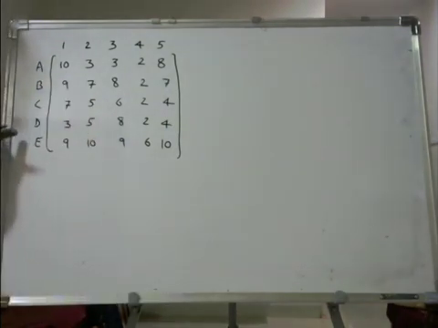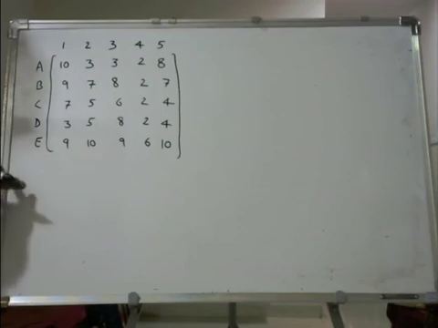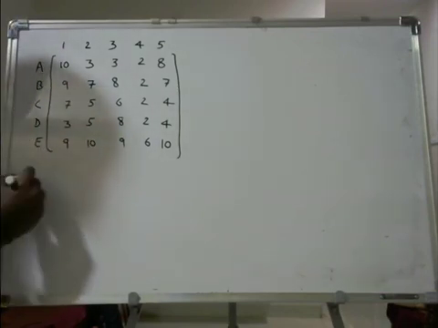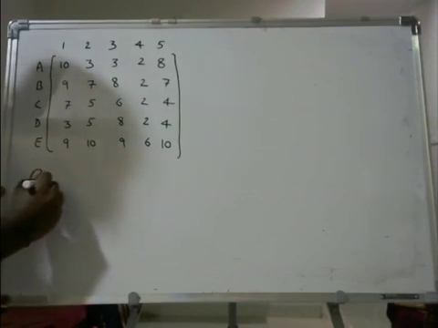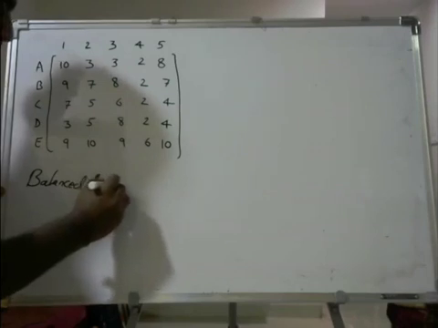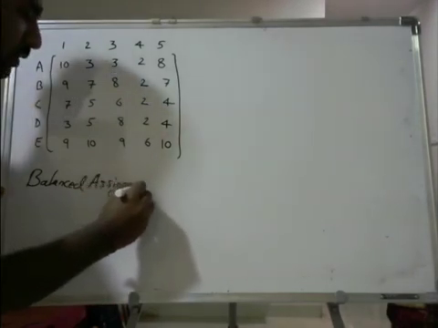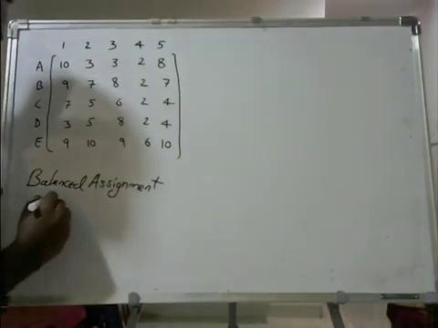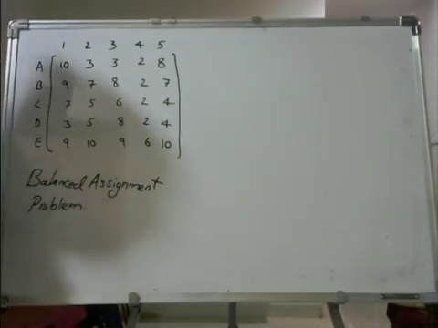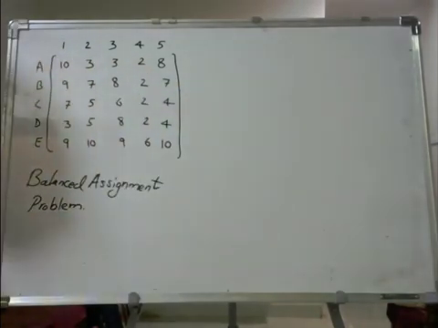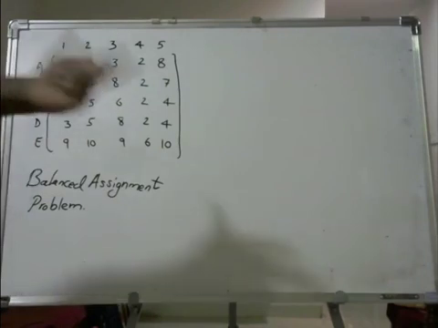Since the number of rows and columns are equal, it is a balanced assignment problem.